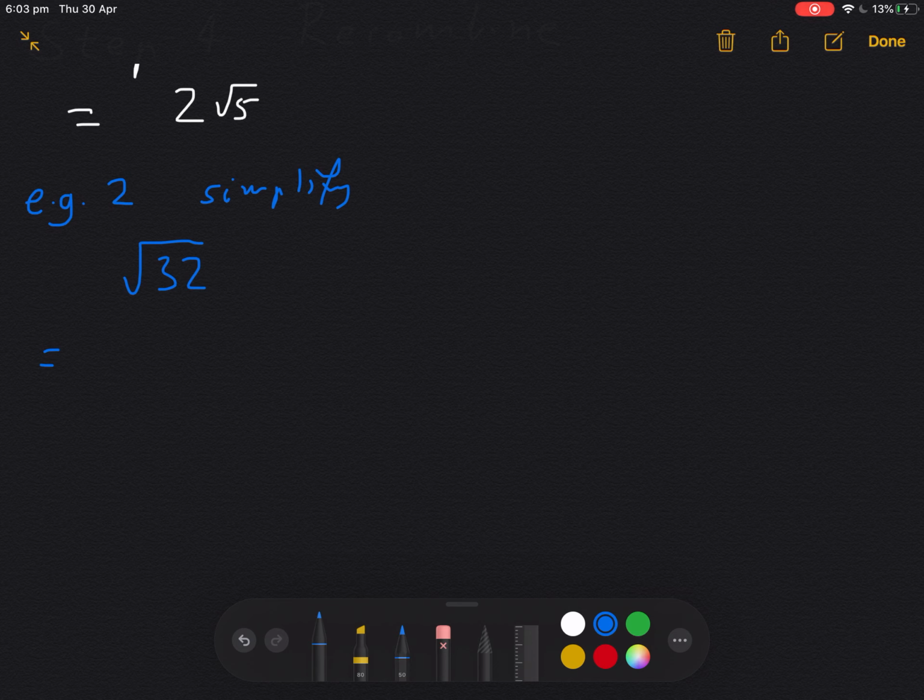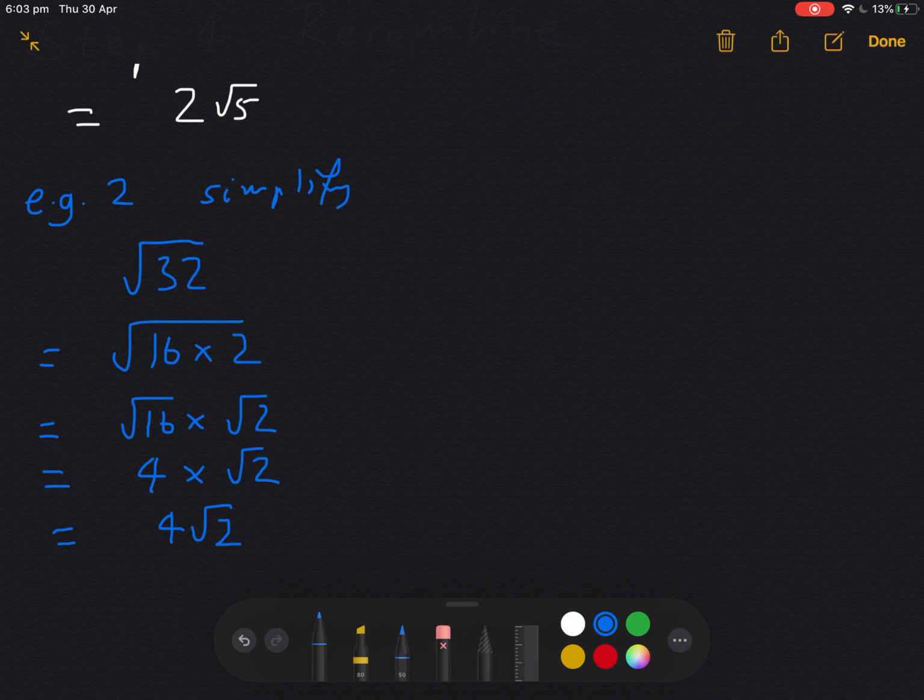But you want the biggest one, okay? You want the biggest one. So I'm going to say 16 times 2. Okay? You can split it. Root 16 times root 2. Simplify. 4 root 2. And recombine.